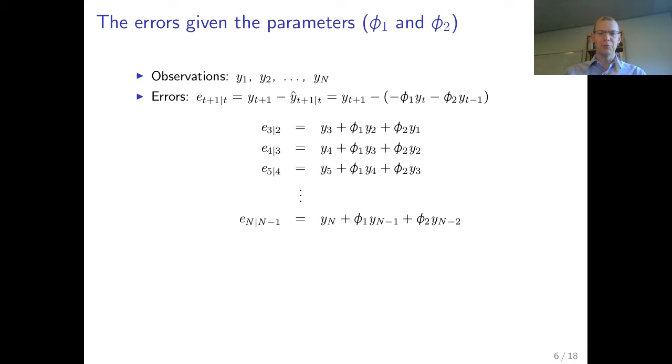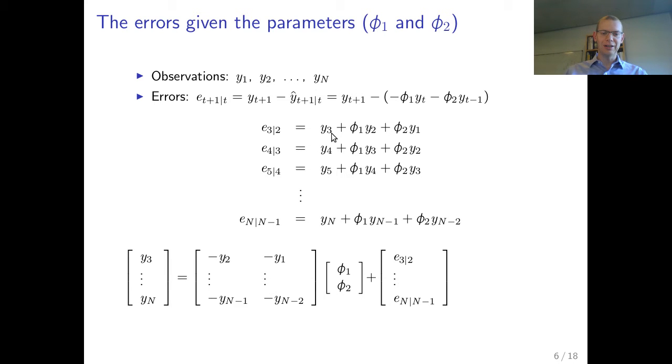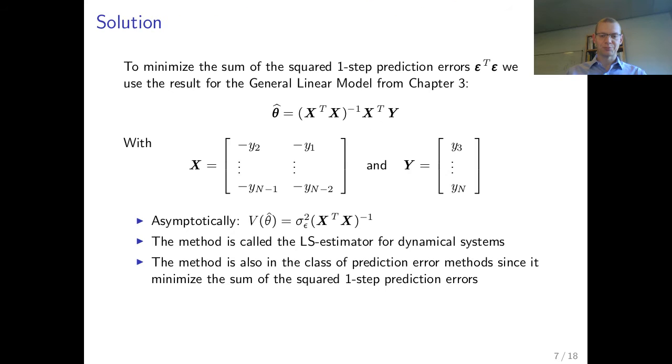You should be aware of one thing: the first residual that we have is at time 3 in this case, because we need the first two observations to make a prediction for the third one. This we can write in the usual vector-matrix form, with a vector of epsilon here, and the solution for this is the usual least squares estimator, which we'll get to here.